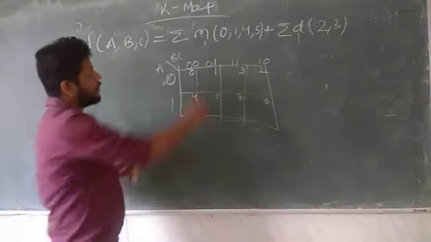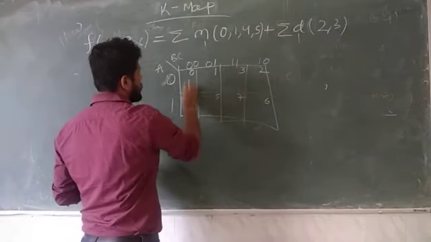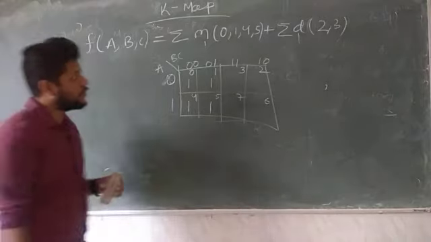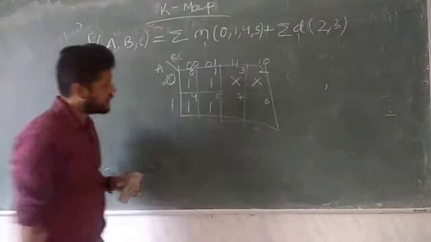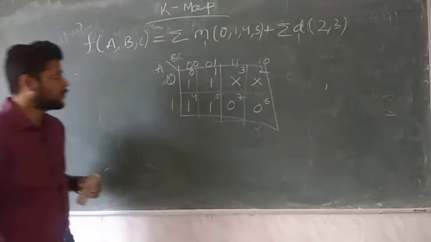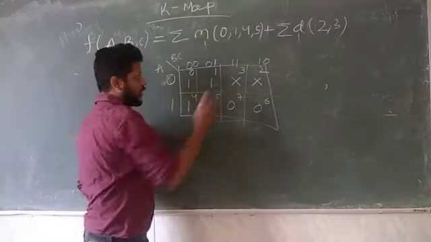As we have min terms, first we need to fill up these min terms 0, 1, 4, 5. Then we have 2 and 3, which are don't care. Remaining 6 and 7 we need to fill as 0. So 1 1 cross cross, 1 1 and then 0 0. This cross means don't care.